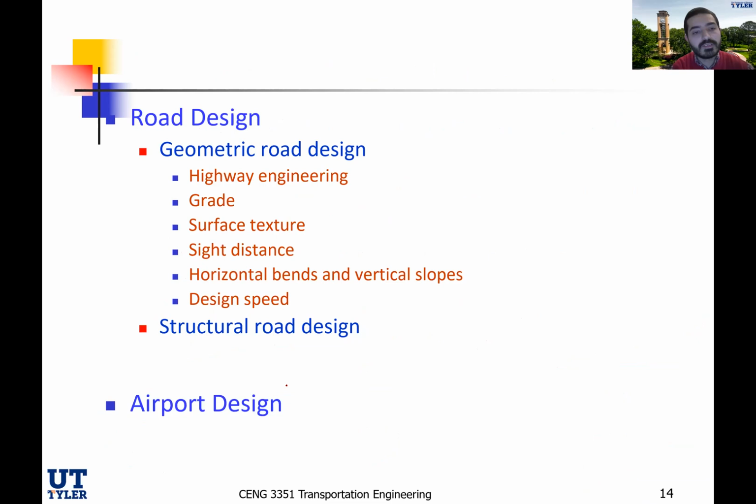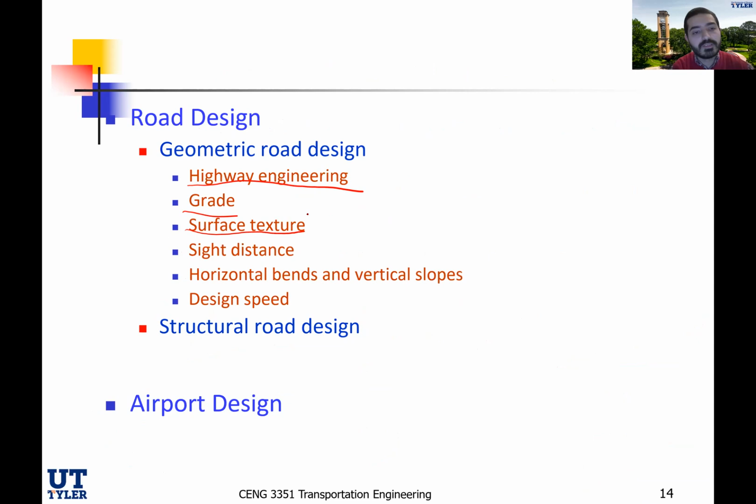Road design, as I mentioned, includes geometric design. You can design highway engineering, the grades. Again, how steep is the roadway? This is what I mean by the grade. The surface texture: you don't want the texture to be too smooth or too rough. If it's too smooth, it's gonna be hard to control the vehicle, especially in icy conditions.